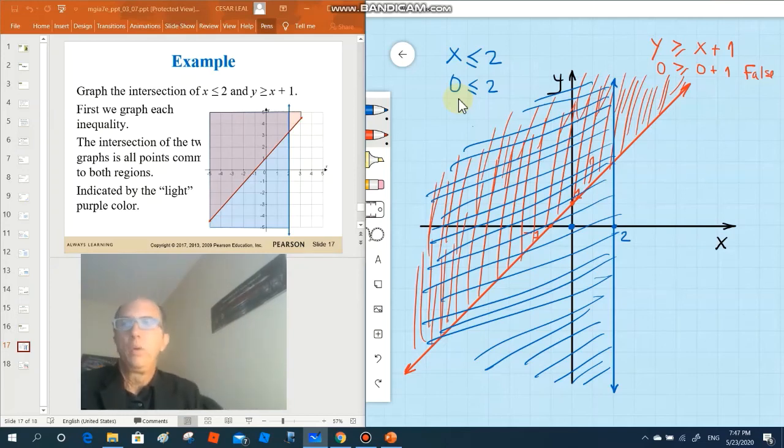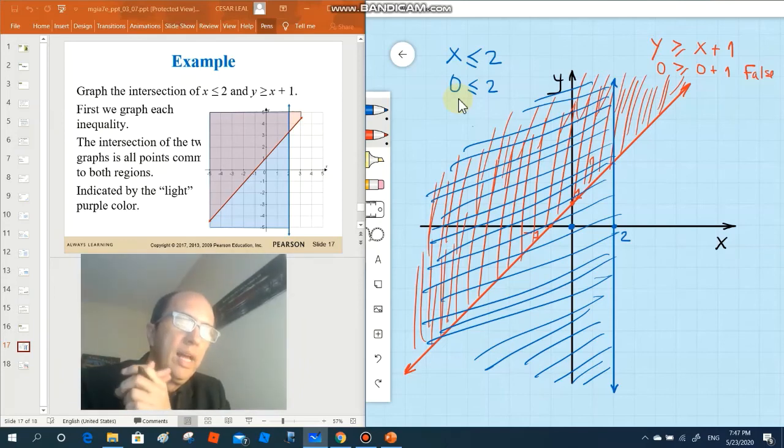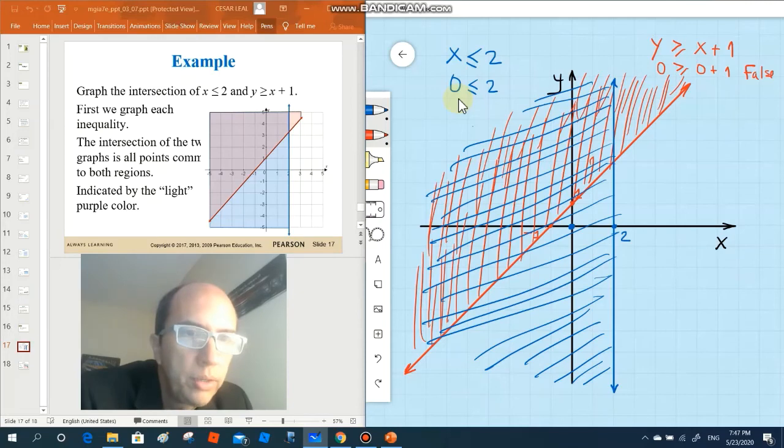We want to know here the intersection, and the intersection of the graph is going to be the set that belongs to one inequality and the other inequality. That means the set or the area that belongs to both. And this will be represented by the area that has both colors, blue and red. This is the intersection.